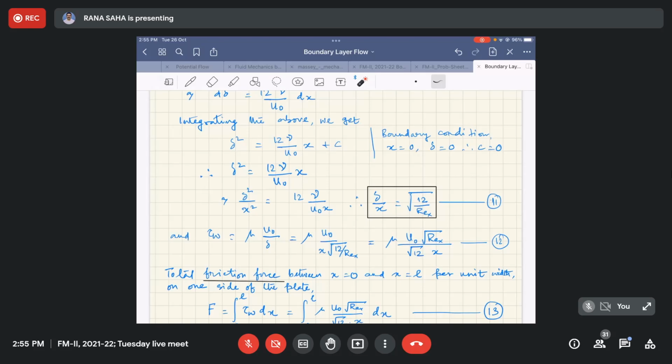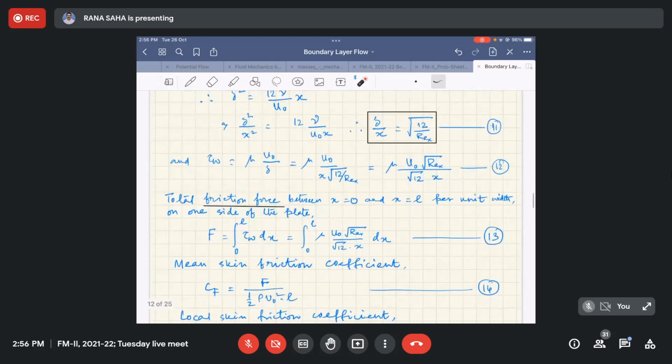The delta is being replaced from equation 11 actually. So from here you get the expression of delta, which gives you the expression of tau w in terms of x.